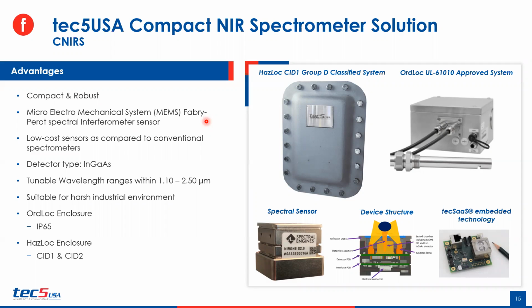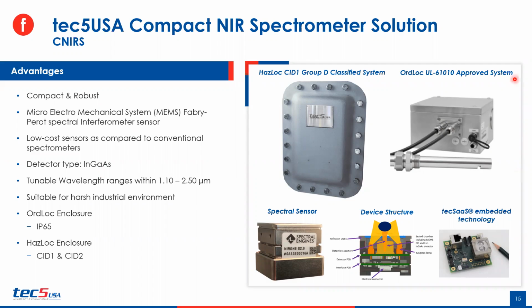This particular device utilizes the same InGaAs detector type, but a tunable wavelength range in the range of 1.1 micron to 2.5 micron. So that tunability allows you to tune in on the relevant wavelength region, which ultimately contributes to the lower cost. So you're focusing in on the relevant wavelength region instead of getting the full wavelength range for the measurement.